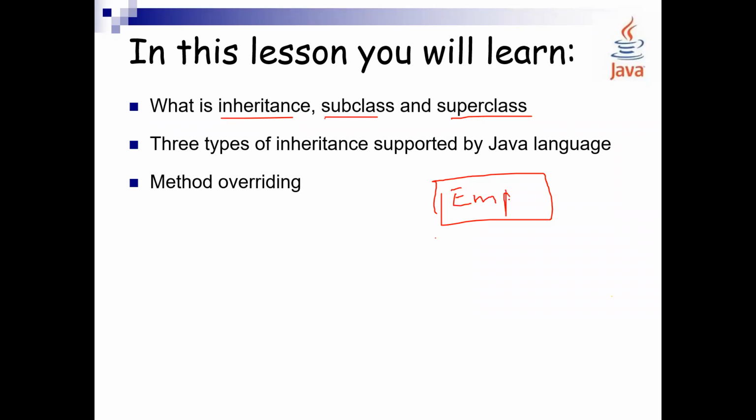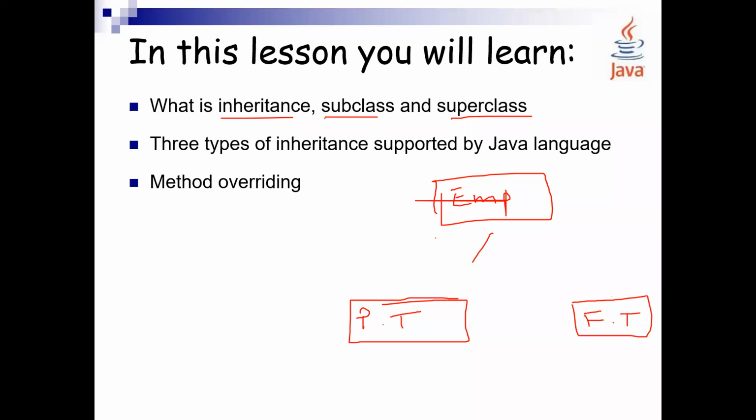I hope you did something like this. You got something like employee, and somewhere you got something like part-time. You get something like a full-time. So what is a part-time? And what is full-time? They are employees, right?